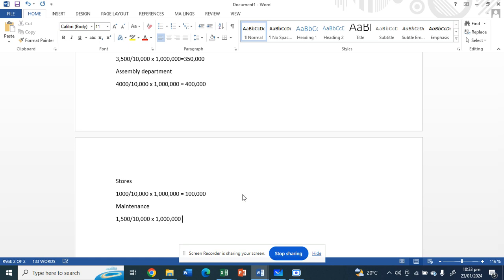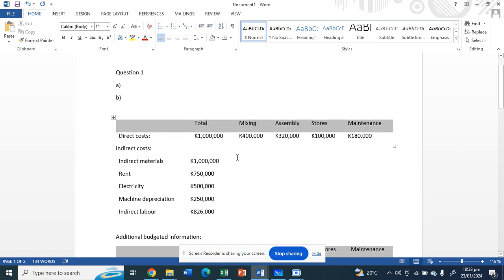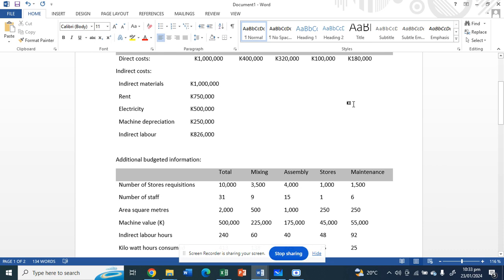So we have apportioned these indirect materials successfully across all these 4 departments. I also have to make a table so that I start putting the figures here, because you need to put all the figures which are here. But so far, any questions, colleagues, before we go to reapportion rent?